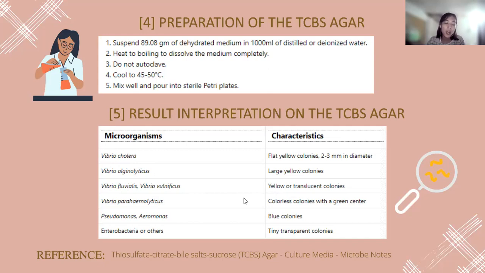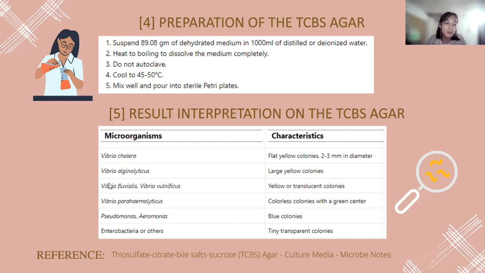Number two, inoculation must be performed heavily because the fermentation of sucrose and acid accumulation might inhibit the growth of those species. So it is advisable that we inoculate heavily, because these microorganisms are very dependent on how we introduce them to our culture medium.